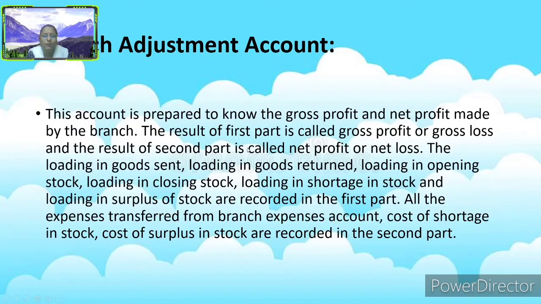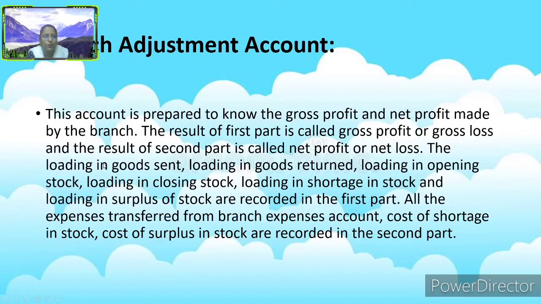This account will be prepared in two parts. The first part we prepare to find out the gross profit or gross loss, and the second part we prepare to know the net profit or net loss.